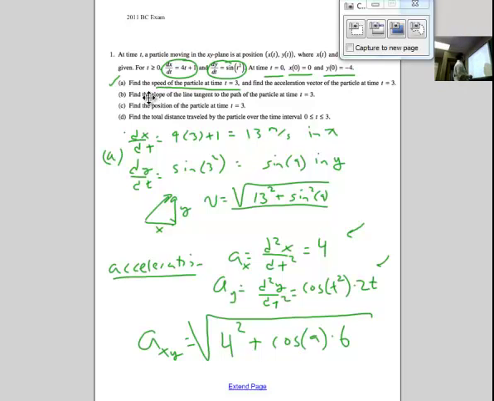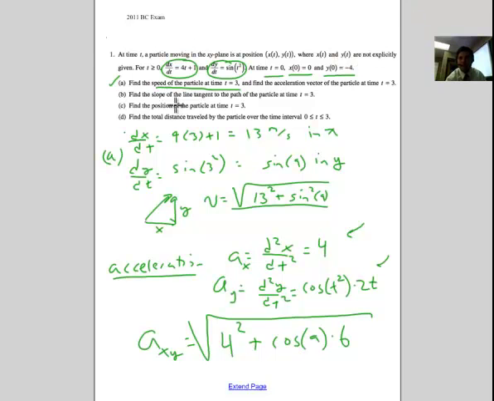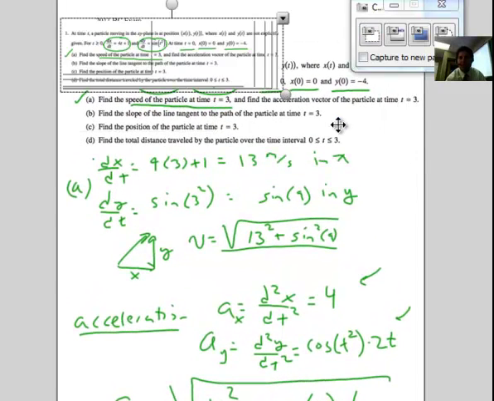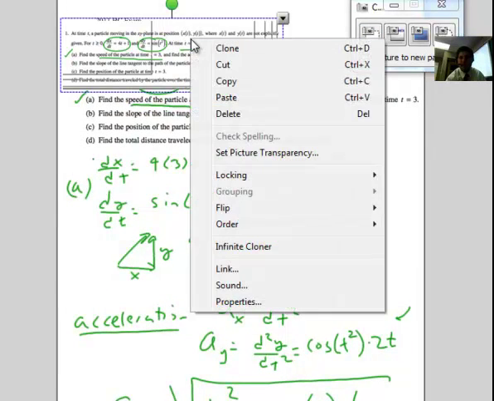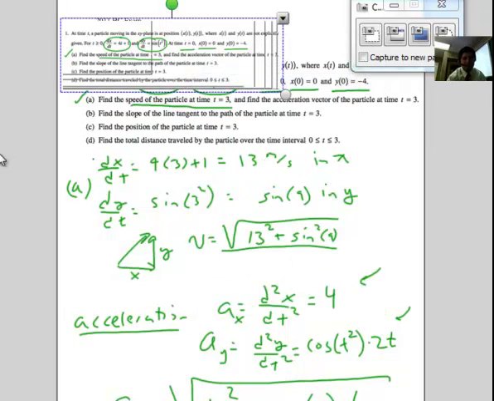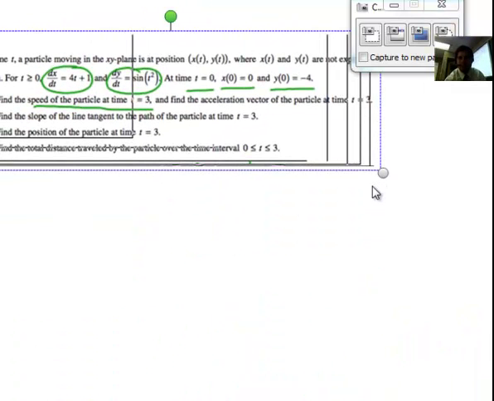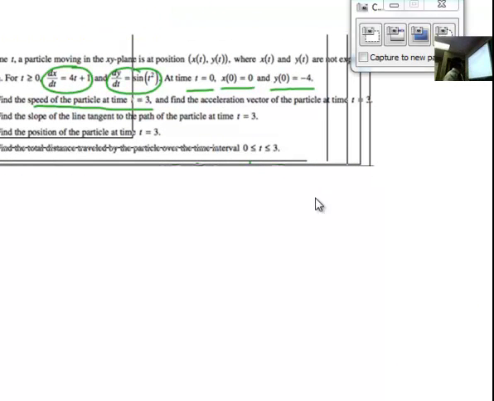And then find the slope of the tangent line at the particle at time equals 3. Well, let's do another page for that. That's a little ugly, but we can still read it.